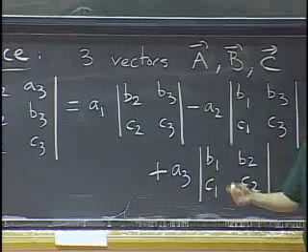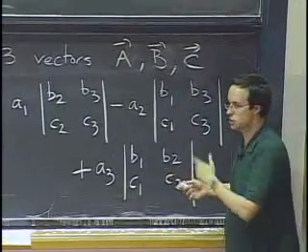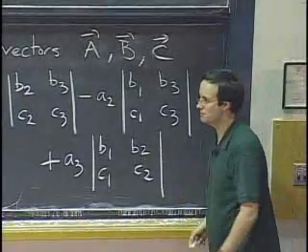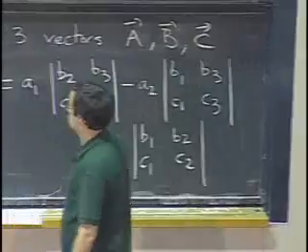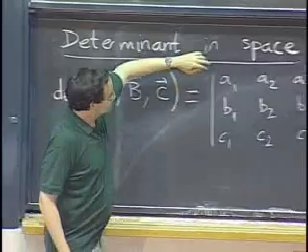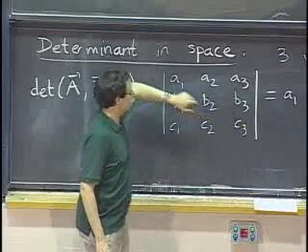Okay, and maybe some of you have already seen a different formula for 3 by 3 determinants where you directly have the 6 terms. It's the same. Okay, it's the same definition. So how to remember the structure of this formula? Well, this is called an expansion according to the first row.